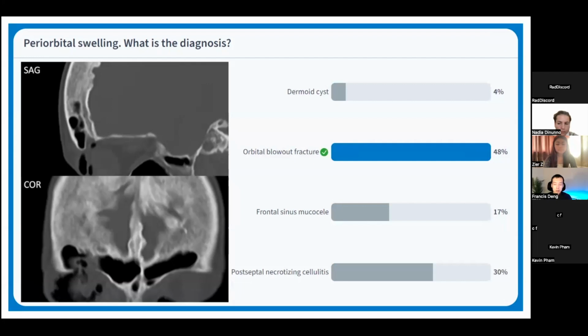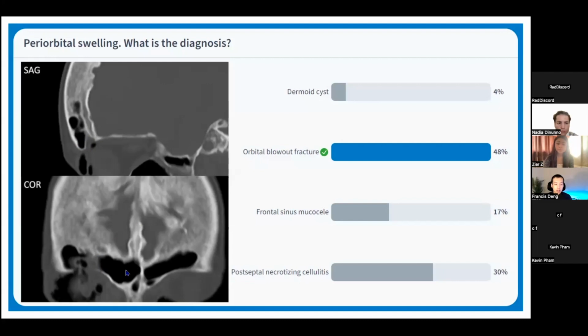Of the people who were able to register an answer, half of you got the answer correct, which is an orbital blowout fracture. Now, this was a confusing case because the history of trauma was not provided. But what we see in this case is that there's emphysema in the subcutaneous tissues of the upper eyelid on the right, and that there is a discontinuity of this plate of bone that separates the orbit from the frontal sinus overlying.